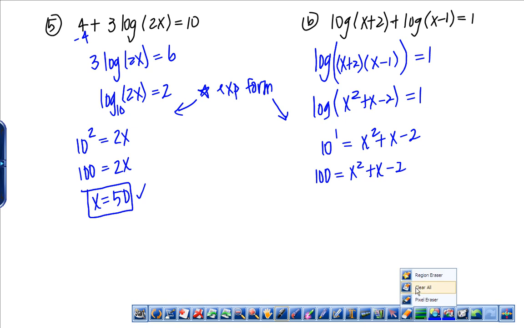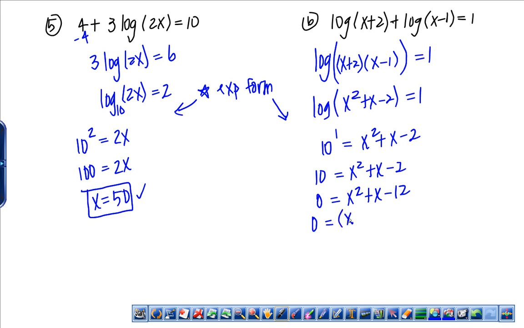That is craziness right there. So I can move that over and set it equal to 0. So that would be -12, and I can factor that. So it'd be x plus 4 and x minus 3. Therefore, x is -4 and x is 3.